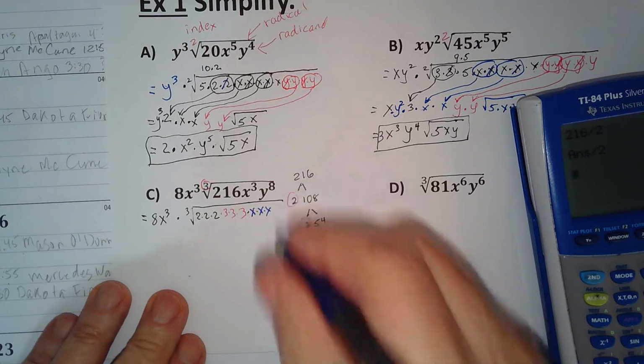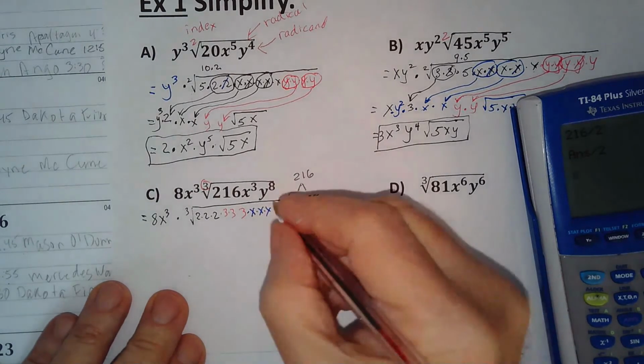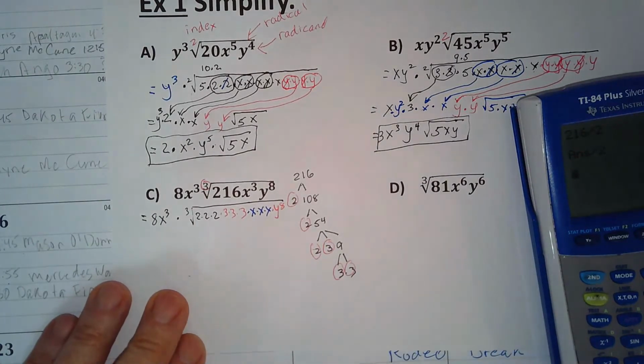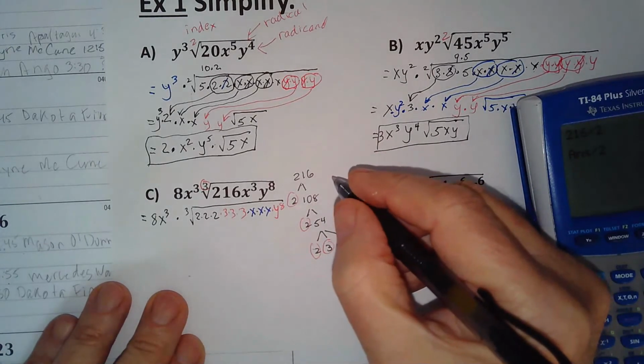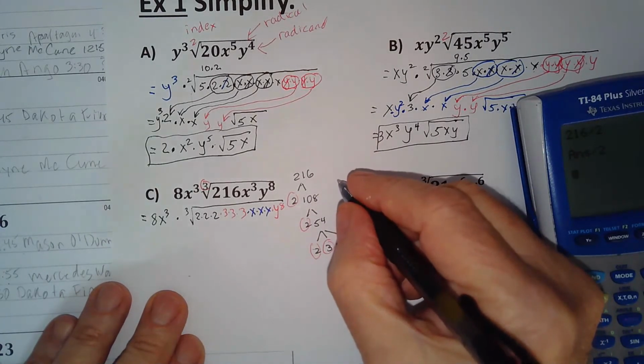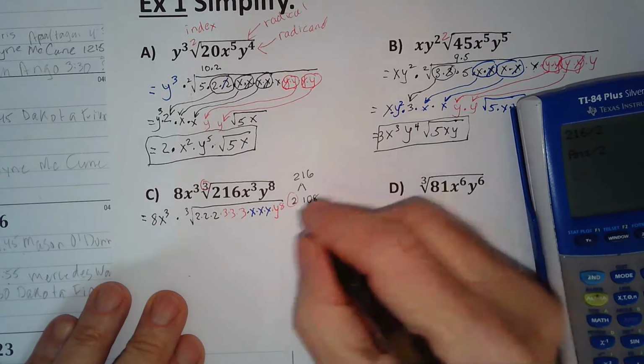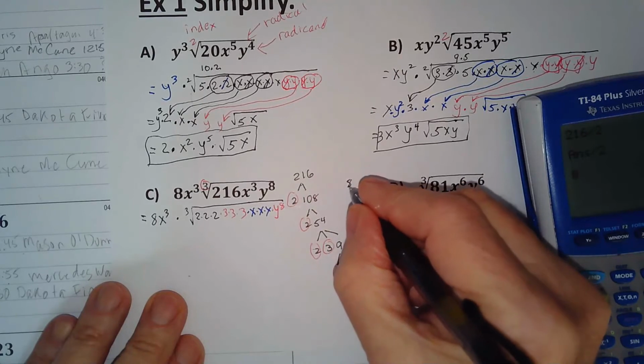That's a lot of y's. Let's just leave that as y to the 8th right now. All right, so what is y to the 8th? Well, let's see. We could do it this way. y to the 8th, we could take the 8 and we could divide it by 3.